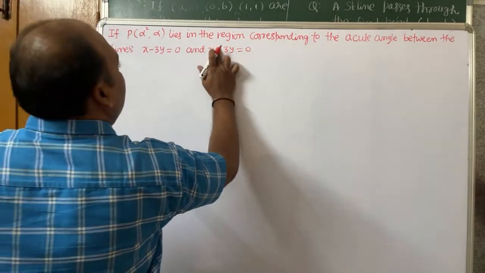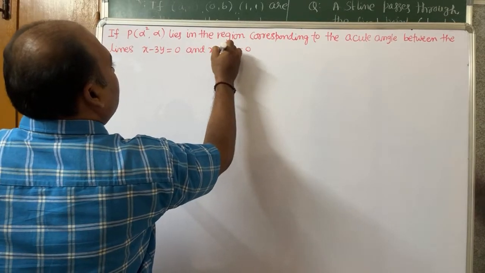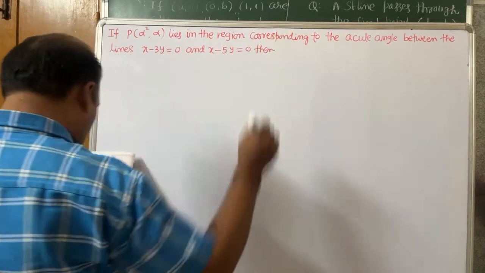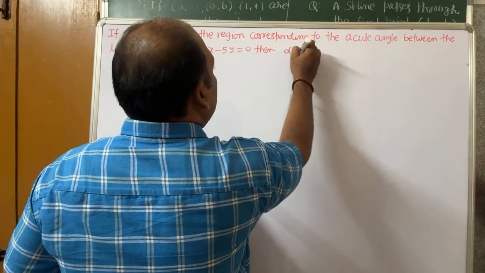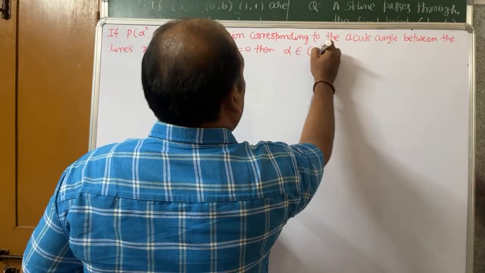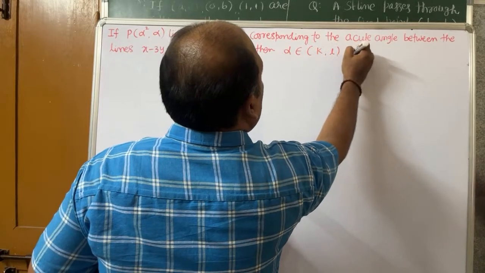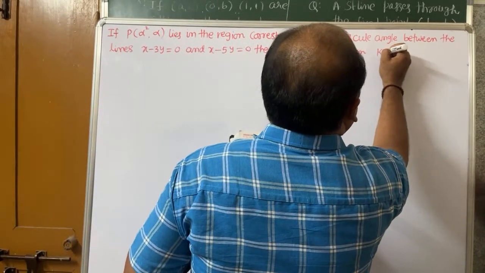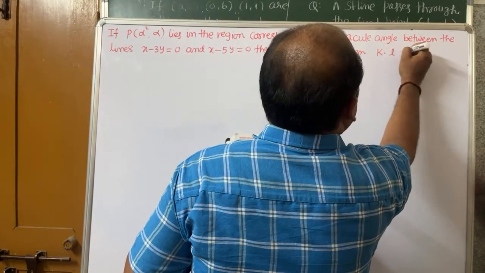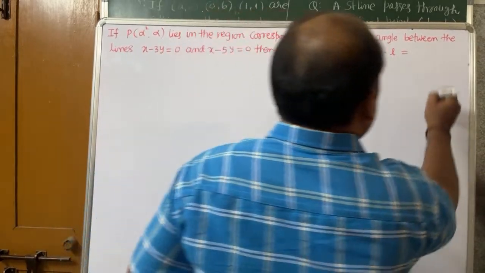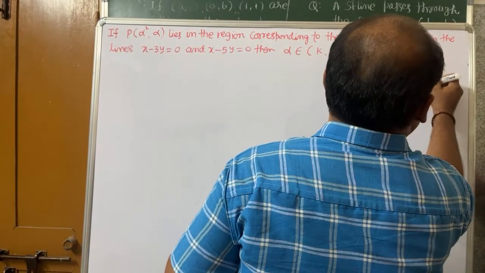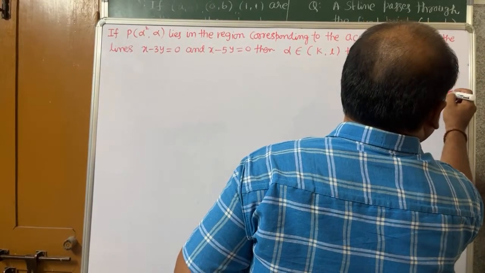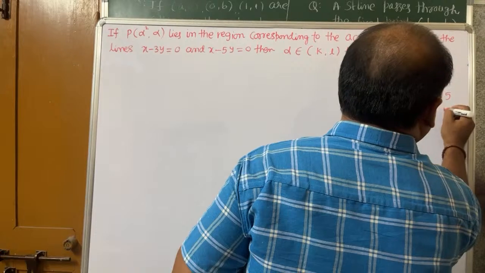Sorry, x minus 5y equal to 0. Then alpha belongs to the open interval (k, L). The value of k into L is equal to, and the options they provided are 16, 17, 15 and 18.